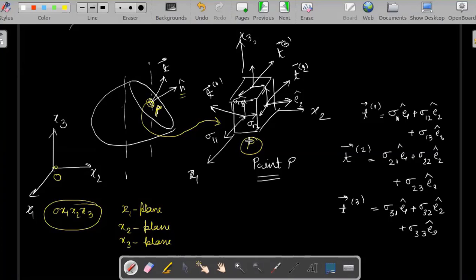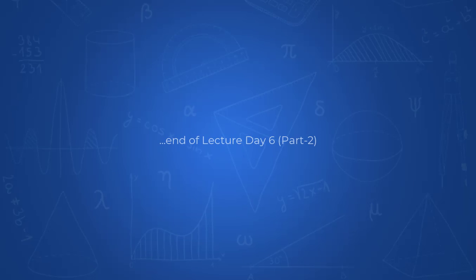We have drawn these traction vectors, and what we did is that each traction vector can be decomposed along the x-axis, y-axis, and z-axis, or the x1, x2, x3 axes. That we have done, and we have written these equations using that. Okay, up to this, no problem? No, sir. Okay. Clear.